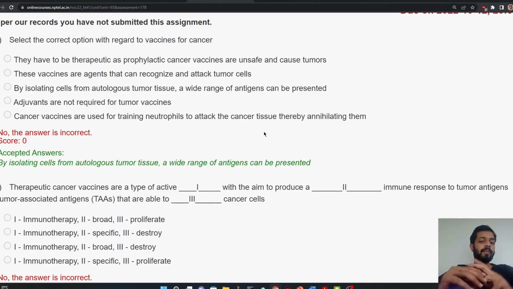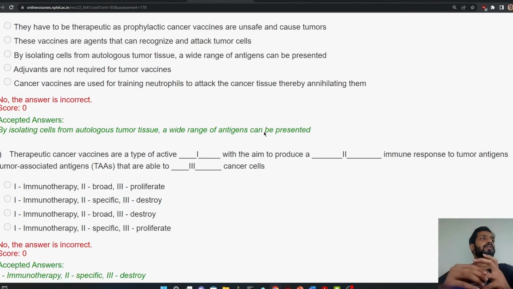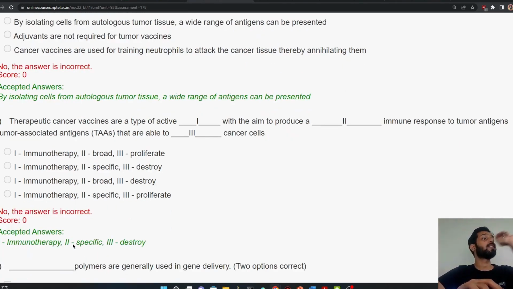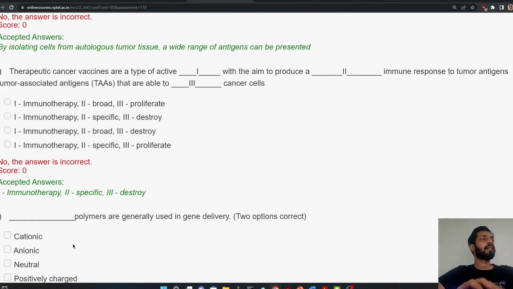Yeah, that's the correct answer. Options A and D are incorrect, right? You can't proliferate the cancer cells. So between options B and C, you would want to be as specific as possible, because if you're broad, cancer cells are ultimately your cells, the individual's cells, so there will be an immune reaction mounted against self cells as well.